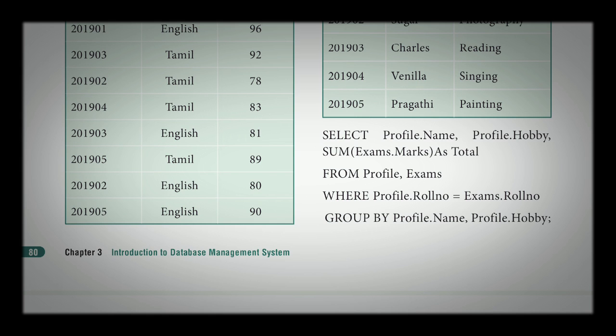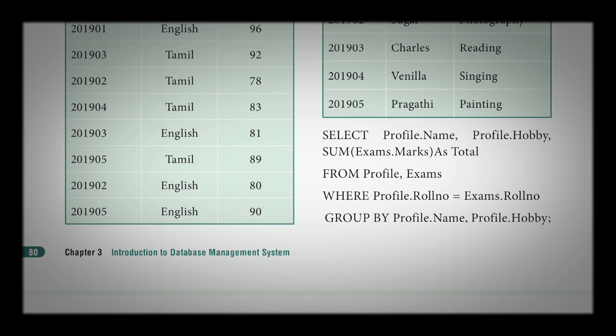This select command gets the name of a person and the hobby of a person from the profile table, and sums the marks of exam.marks and displays it as total, from profile, exams where profile.roll number is equal to exams.roll number, group by profile.name and profile.hobby.